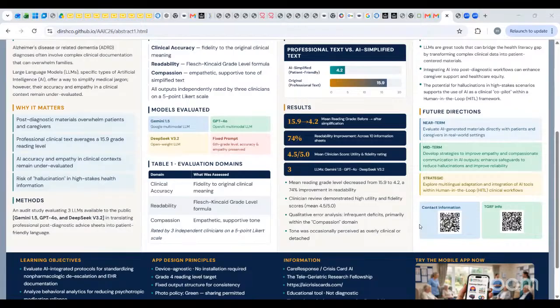I think this is a high score, which means that clinical accuracy will be high and much closer to the original text. Does that make any sense, Dr. Malaz?